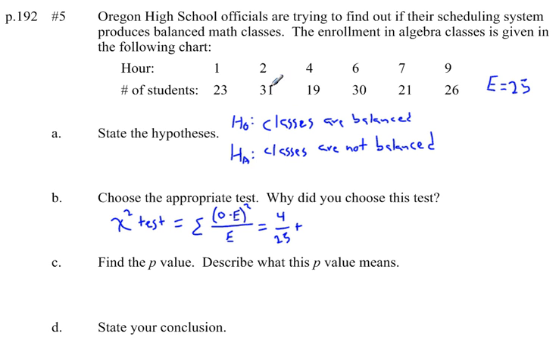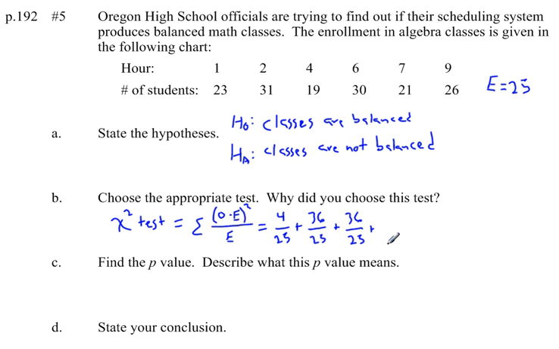Okay, let's do the next one. 31 minus 25 is 6. Square that, we get 36. And then over the expected value of 25. Plus, let's do that again. 19 minus 25 is negative 6. Square that, we get 36. Okay. Next, 30 minus 25 is 5.